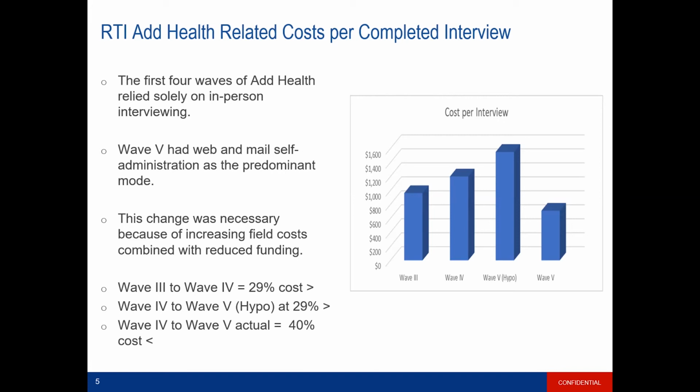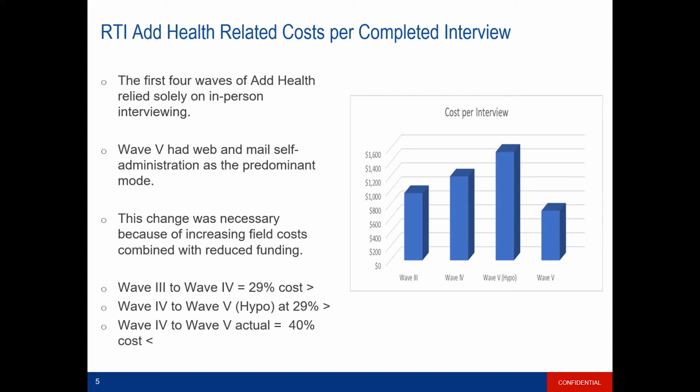From wave 3 to wave 4, and you saw the timeframes in the previous slide, the field cost increased 29%. As we were looking at doing a wave 5, again at those timeframes, if you put it out 29% more, it's the third bar graph here of where we'd roughly be at wave 5.